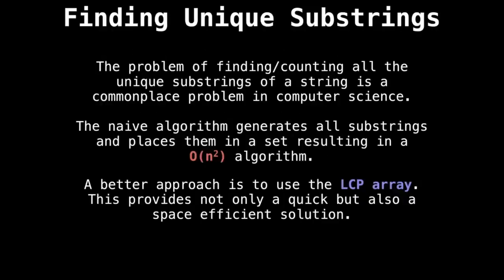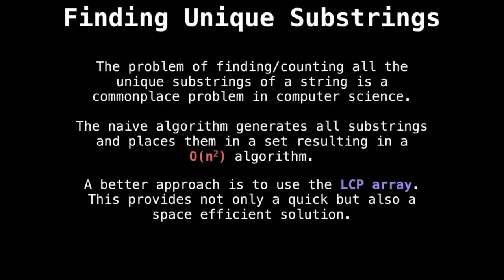There are a variety of interesting problems in computer science, especially bioinformatics, that require you to find all the unique substrings of a string. The naive algorithm has a terrible time complexity of n squared, which requires a lot of space. The idea is to generate all the substrings of the string and dump them inside a set. A superior approach is to use the information stored inside the LCP array.